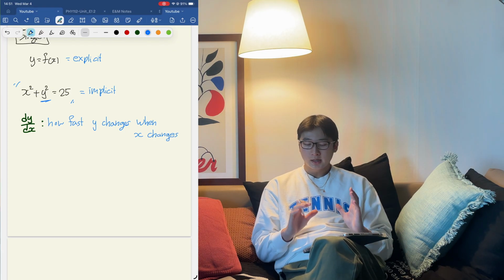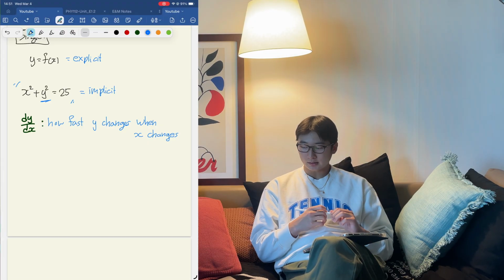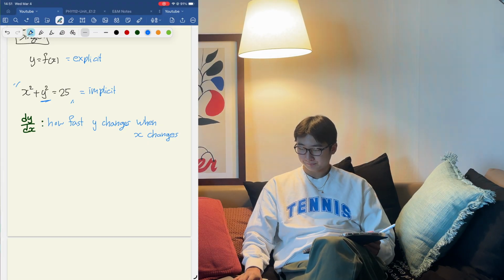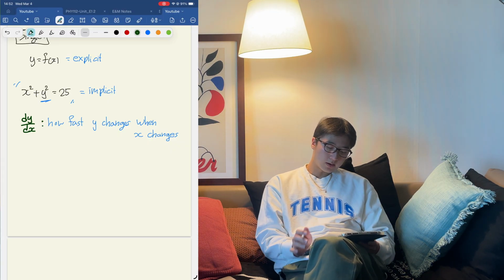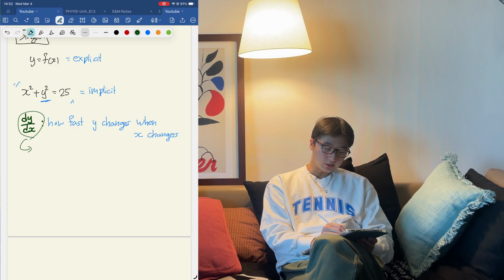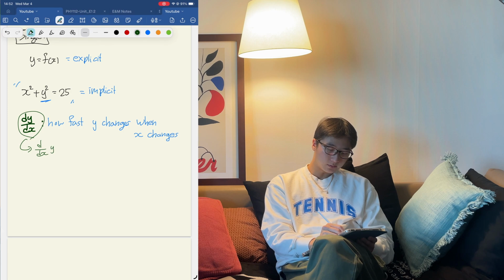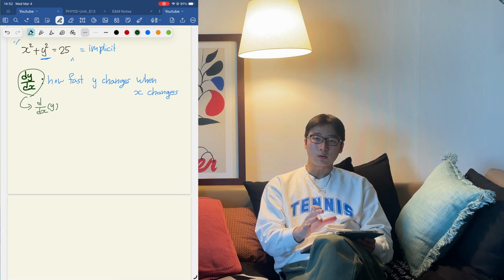So we are still treating y as depending on x even if it is an implicit equation. Also, you can interpret this as d/dx of y, if this gives you more intuition.